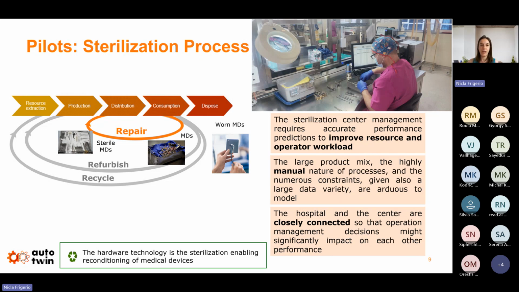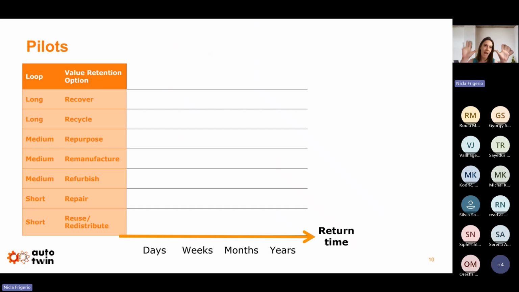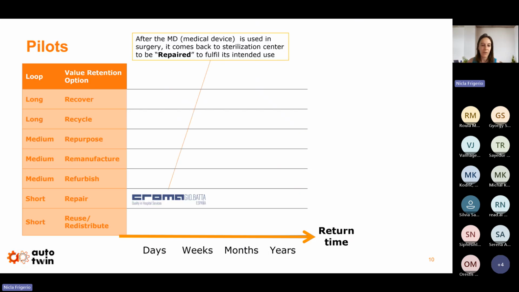So now, if we want to give, let's say, the map, again, the bird's-eye view of our use cases, we can see that over the value retention option, and the return time of each product, so how frequently the product comes back. This is related to the longevity.